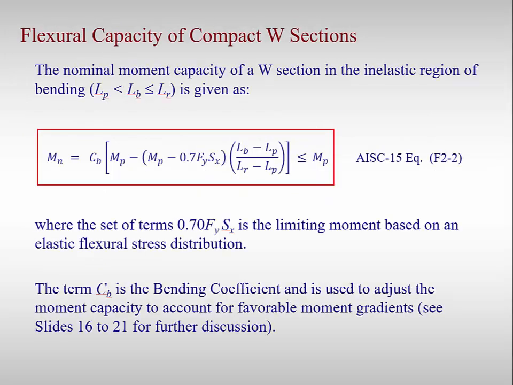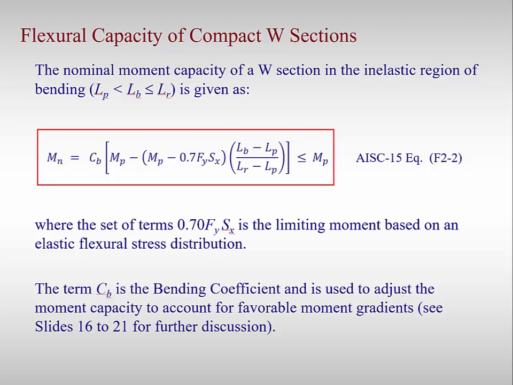For a W shape that laterally torsionally buckles in the inelastic region, the nominal moment capacity is given by AISC equation F2-2. This equation is simply an interpolation function between the plastic moment and the moment defined by first yield with residual stresses.